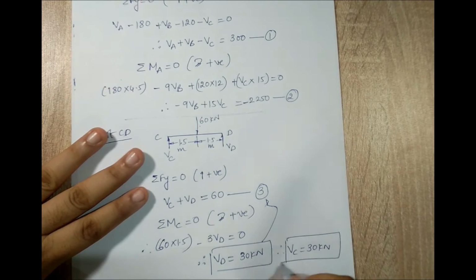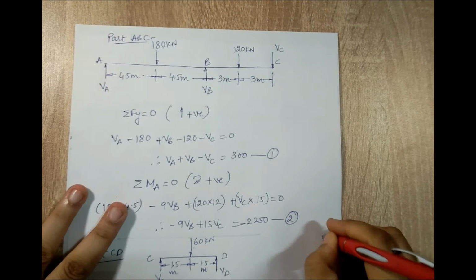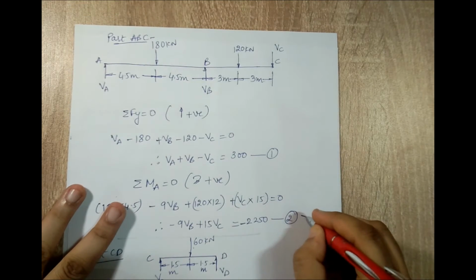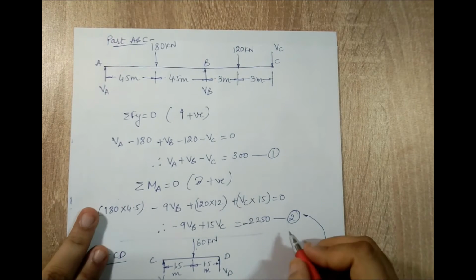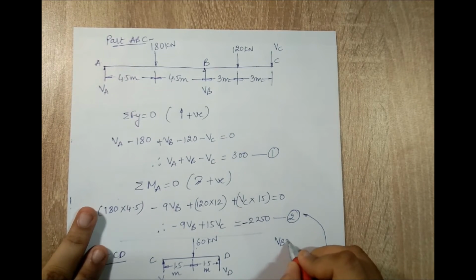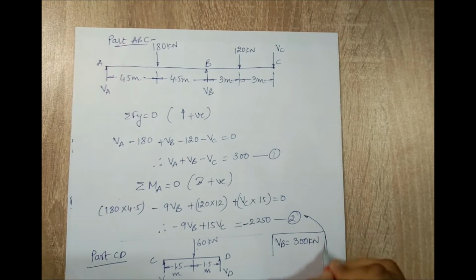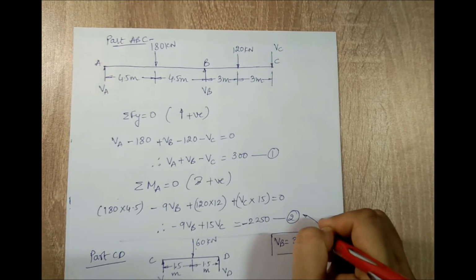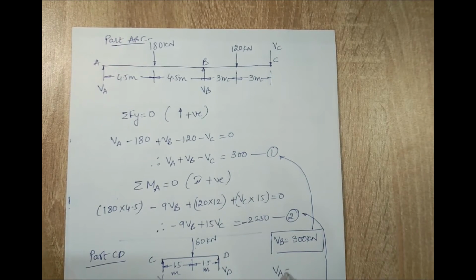Now when I obtain the value of VC here, I can substitute this value in these equations. So first I'll start with substituting in equation 2. When I substitute in equation 2, I get the value of VB as 300 kilonewton, and when I substitute this VB and VC both in equation 1, I get the value of VA as 30 kilonewton.